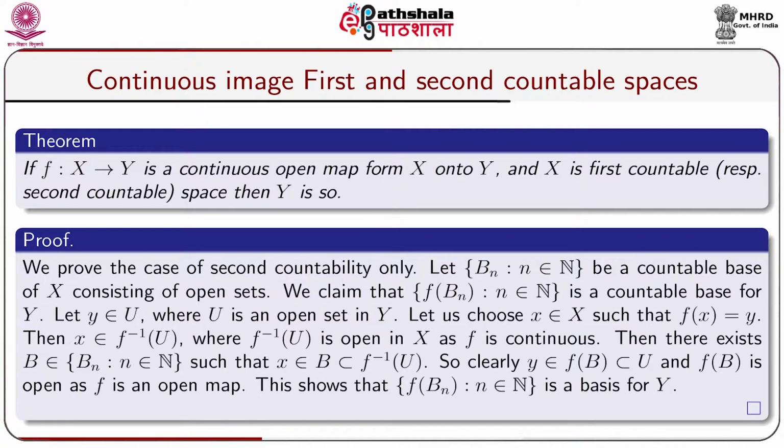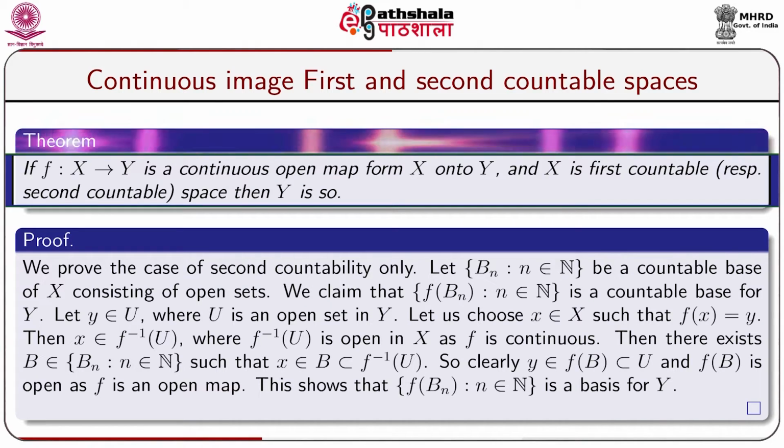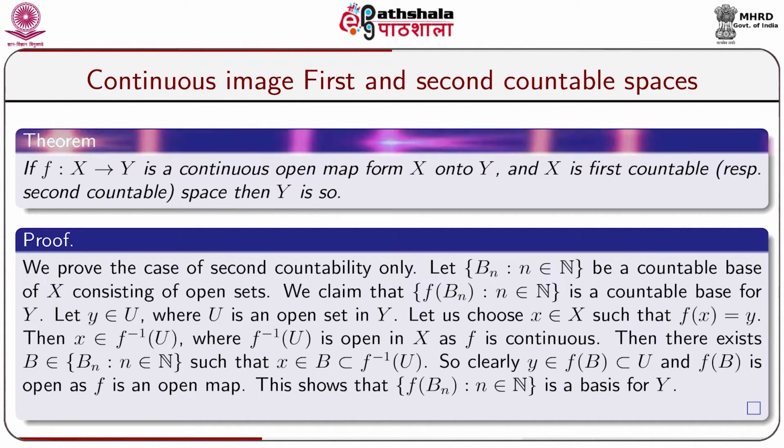The following theorem will show the continuous image of first and second countable spaces. Theorem: if f from X to Y is a continuous open map, and capital X is first countable, respectively second countable, then Y is so.